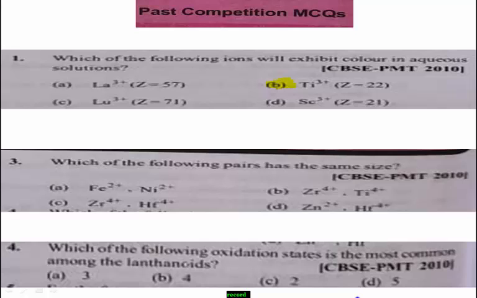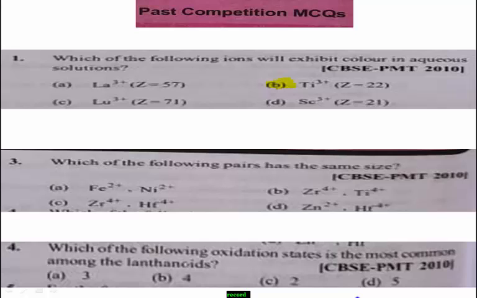In general, atomic and ionic radii increase on moving down the group, but the elements of the second transition series like zirconium, niobium, molybdenum have almost the same radii as the elements of the third transition series like Hf, Ta and W. Hf means hafnium, Ta means tantalum, W means tungsten. This is because of lanthanoid contraction.